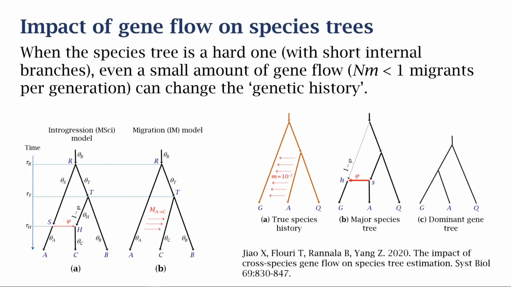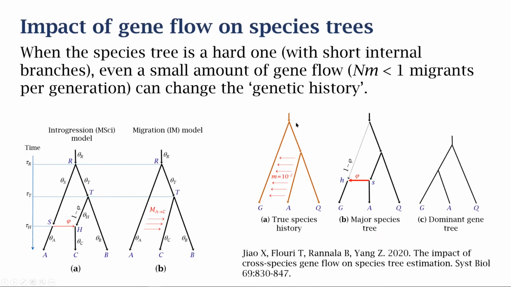So I still have a few minutes. I'll talk about some work we did recently on inference of gene flow on species trees using genomic data. So this is a paper that's done by my postdoc, Ziheng Yang and Thomas. So we are looking at the impact of gene flow on species trees.